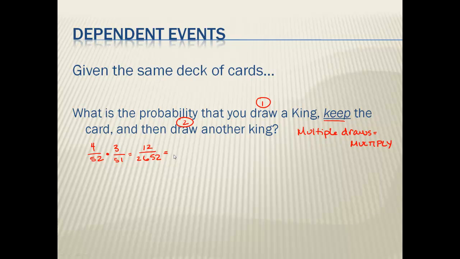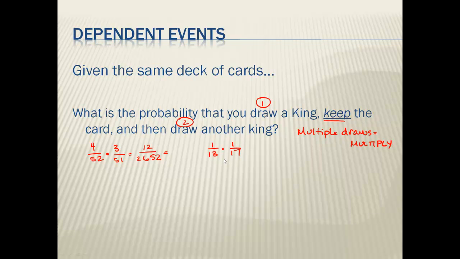which does reduce. But I'm going to show you that you can reduce this first. So 4 over 52, we said reduces to 1 over 13, right? And 3 over 51 actually reduces to 1 over 17.